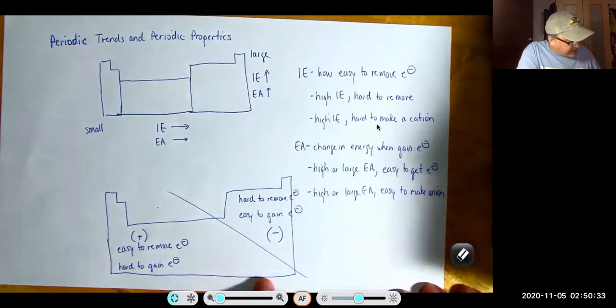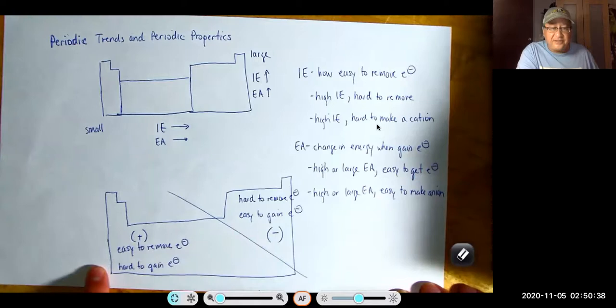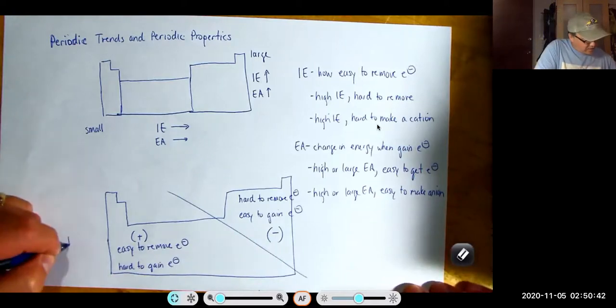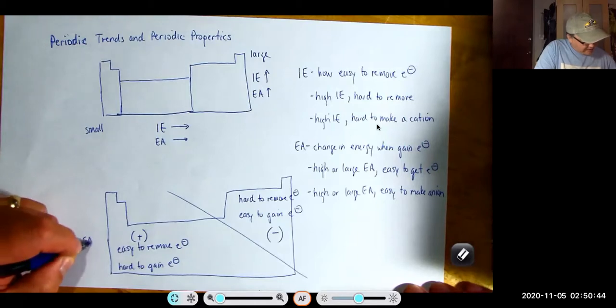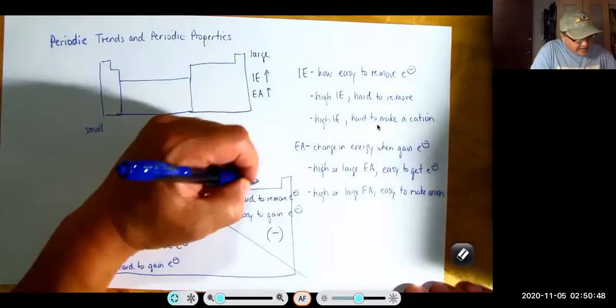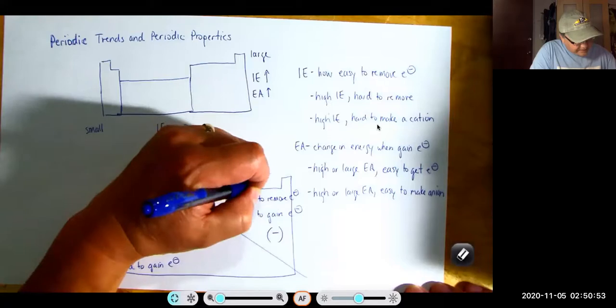So these guys have low electron affinity, low ionization energy. They turn into cations. And this is high ionization energy and high electron affinity.